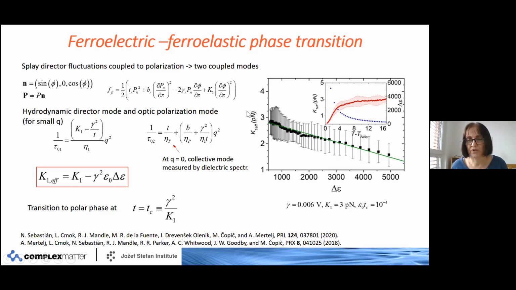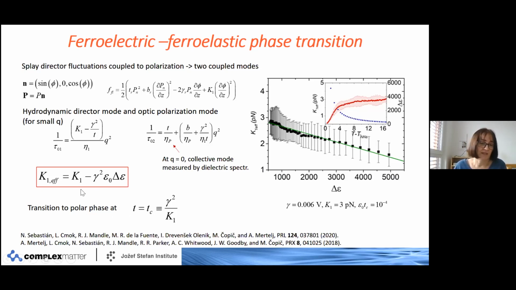So in this theory, the measured elastic constant depends linearly on the electric susceptibility. Here a plot of the measured elastic constant versus the electric susceptibility, or the amplitude of the polarization mode, is shown, and it clearly is linear. We can fit it and get the flexoelectric coefficient of this value, which is actually small in comparison to the values usually measured in nematic liquid crystals, and we also get the true Splay elastic constant of 3 piconewtons.